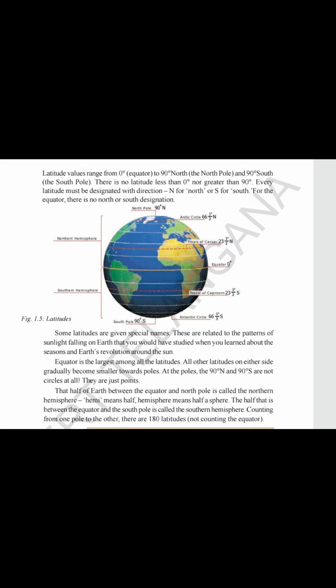Always remember children, latitudes are always north and south, the line which divides the globe into two equal halves is called the equator, and there is no latitude greater than 90 degrees or less than 0.